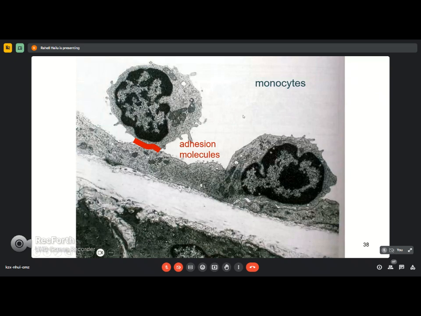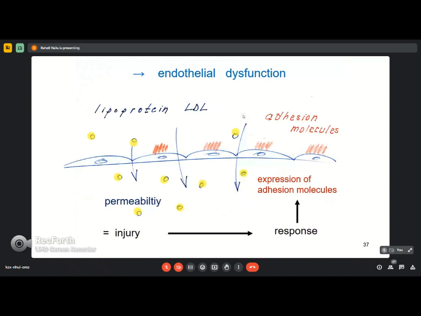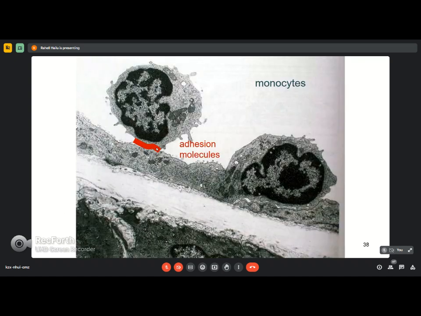The monocytes and a certain type of T lymphocytes. So the endothelial cell becomes leaky, it becomes permeable, and in order to remove that, you have a lot of adhesive molecules on the surfaces that attach leukocytes, like here.